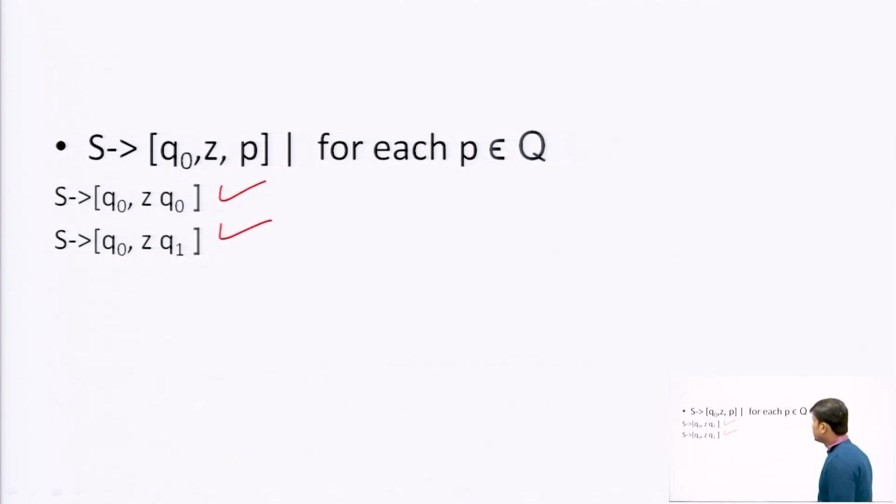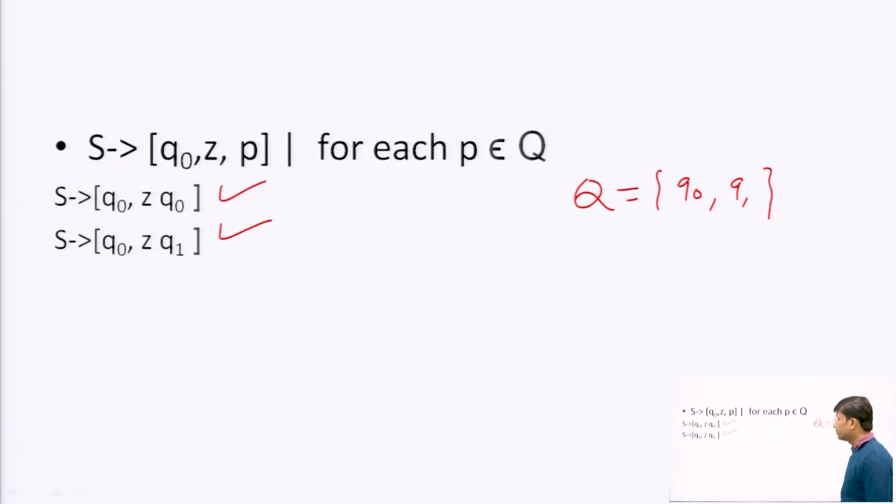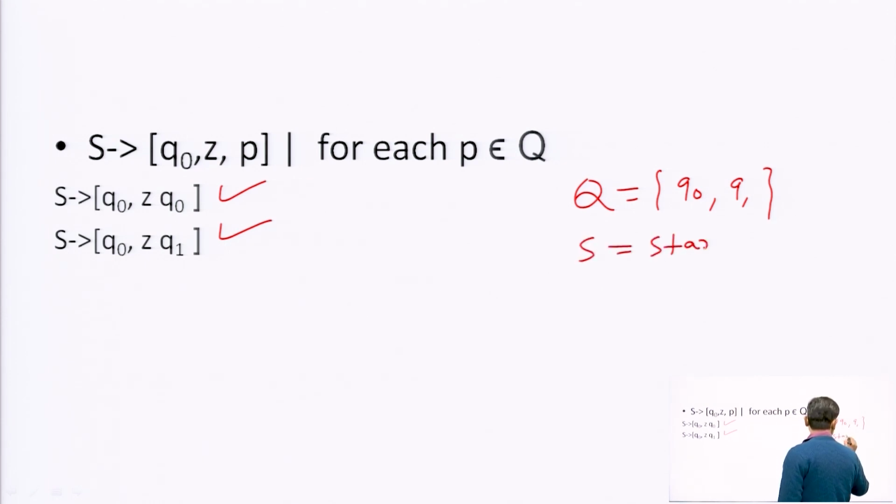Capital Q is q0, q1, and S is the starting symbol of the context free grammar.